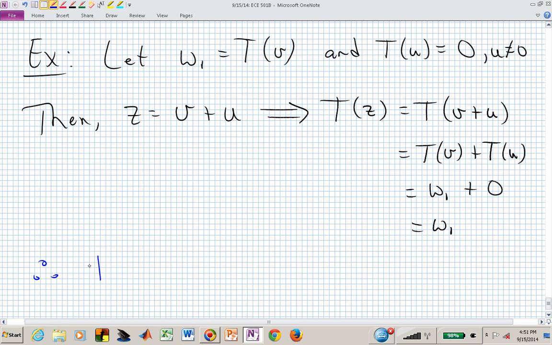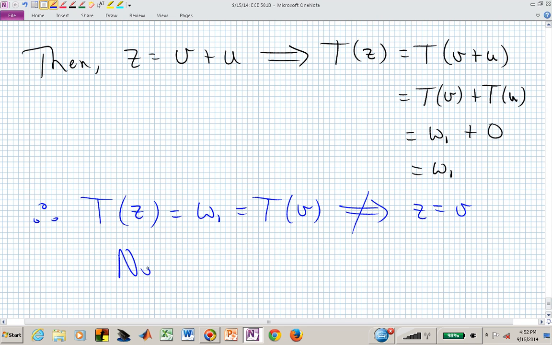What that says then is that T of Z is W1, which is also T of V, but since U was non-zero, that did not imply that Z is equal to V. And so that particular linear map is not one-to-one.